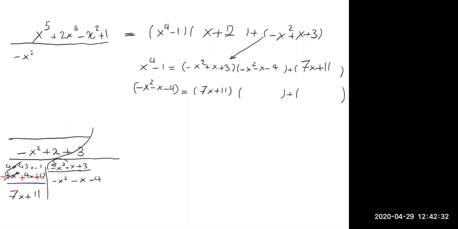Note that we are in R of x, and 7 is invertible. So if I multiply 7x by 1 over 7, the 7 and 1 over 7 cancel each other.